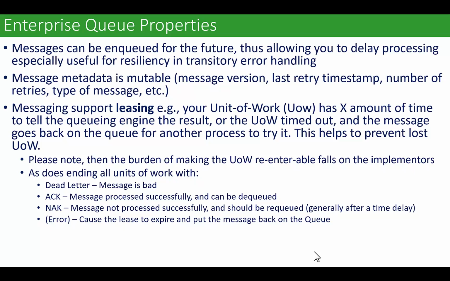The other thing we need to do is be conscious about messages going to dead letter. In badly implemented queuing systems, messages show up in dead letter for reasons other than code explicitly putting them there. And each of those represents a lost unit of work.